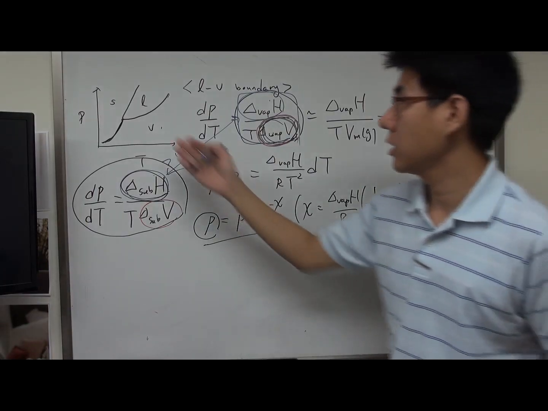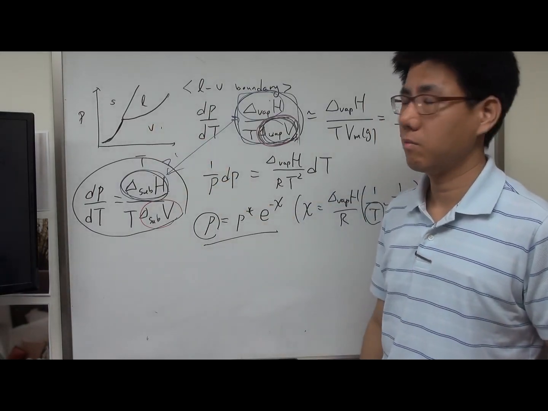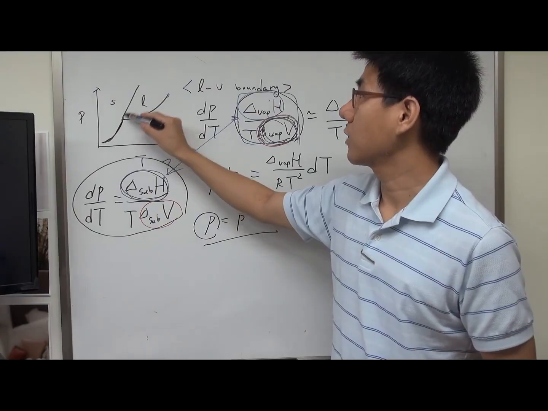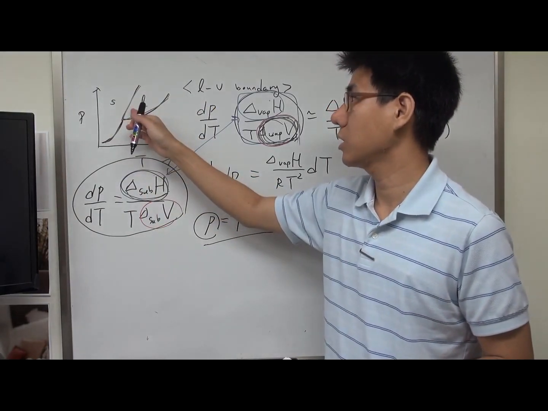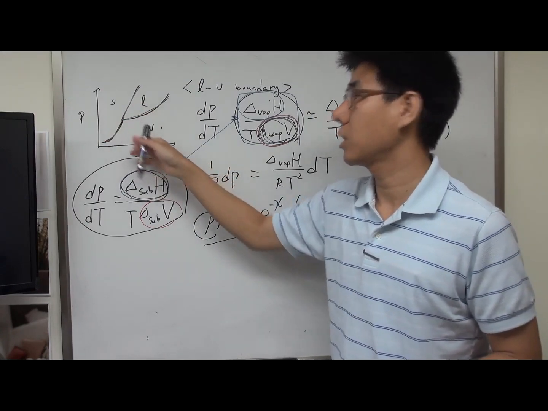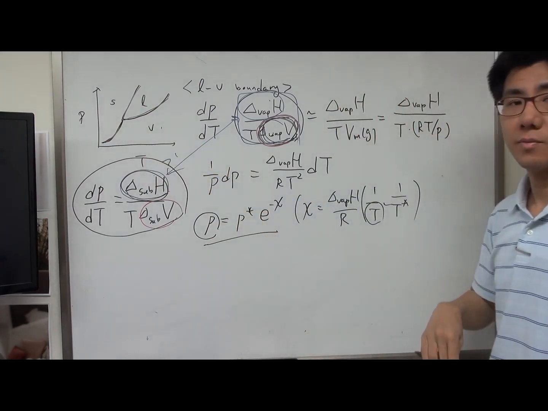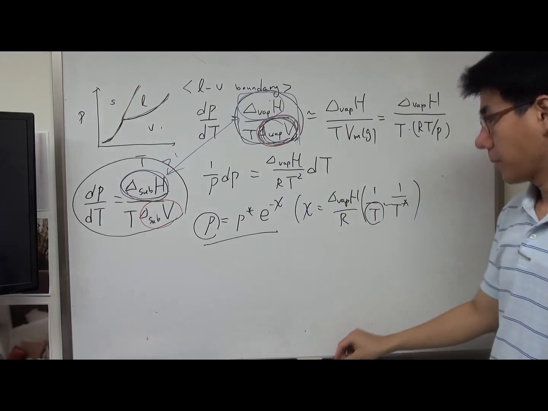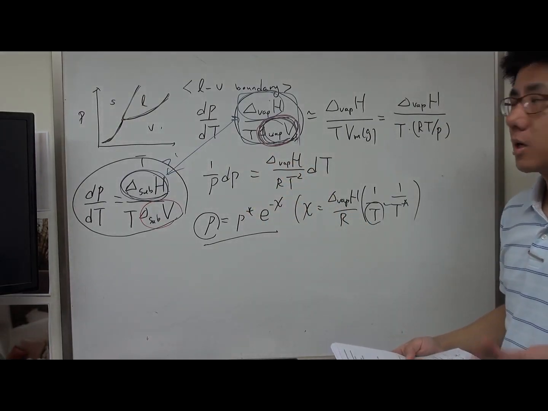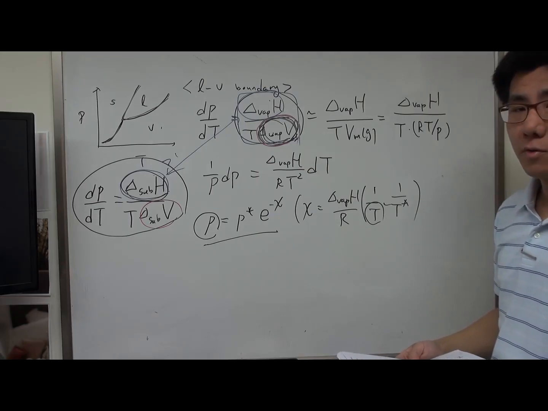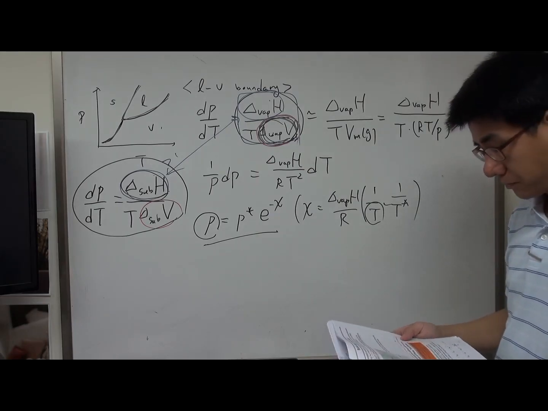So you finally got the phase diagram by simply getting information about each of these phase boundaries between solid and liquid, liquid and vapor, and solid and vapor. Okay? You can simply draw a phase diagram by drawing three different phase boundaries. Okay.